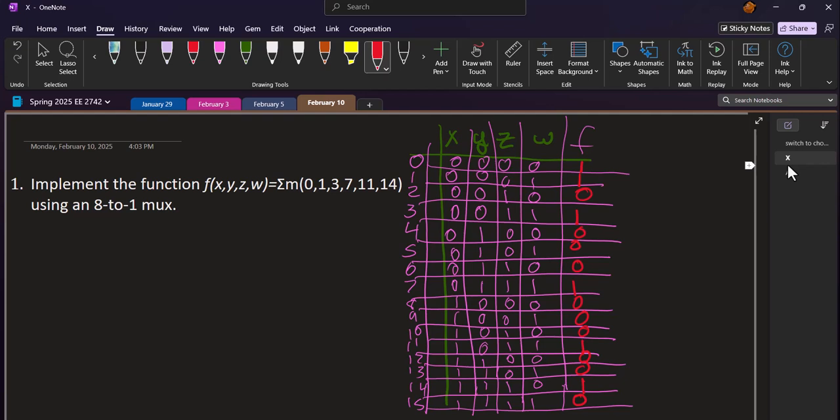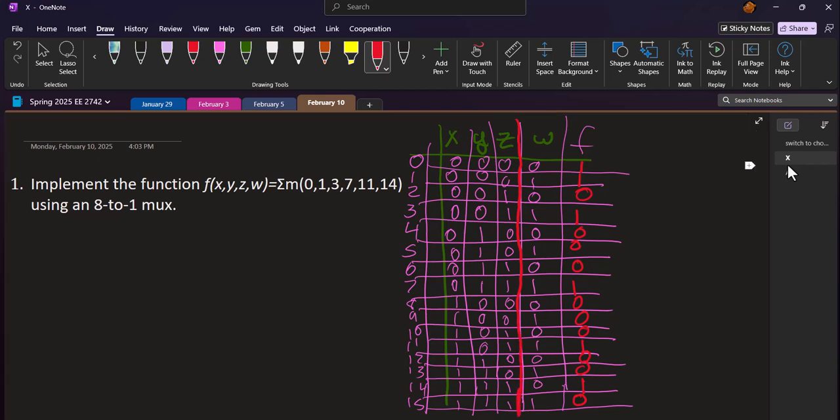So we can choose either X, Y, and Z, or Y, Z, and W. I mean, we could also choose X, Z, and W, but that's a little harder just because of how it's laid out. And so it doesn't matter to me much whether we choose X, Y, and Z or Y, Z, and W. And I think I'm going to choose X, Y, and Z to be our controls.